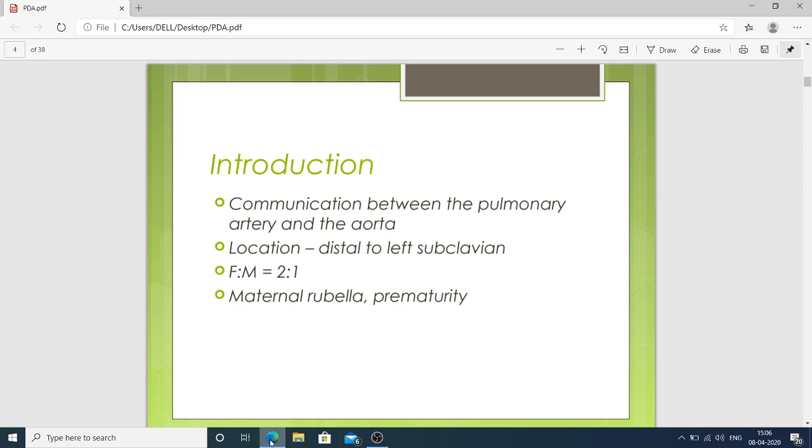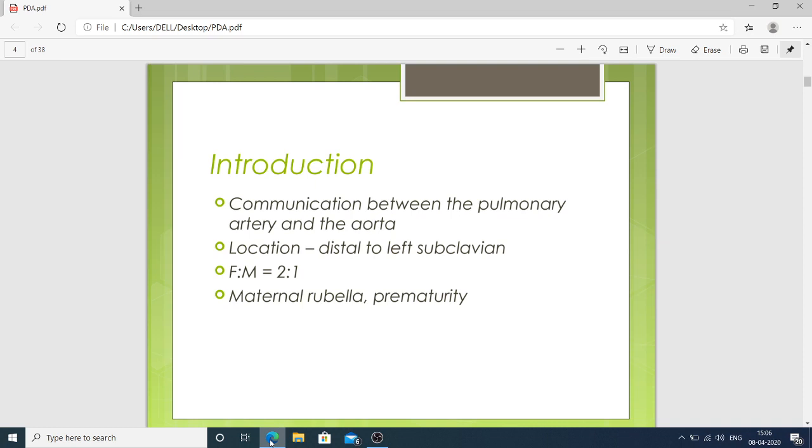Then the introduction. It is the communication between the pulmonary artery and the aorta. The location is distal to the left subclavian, and the incidence of patent ductus arteriosus is more in females as compared to males. Maternal rubella might be a reason, and prematurity also.